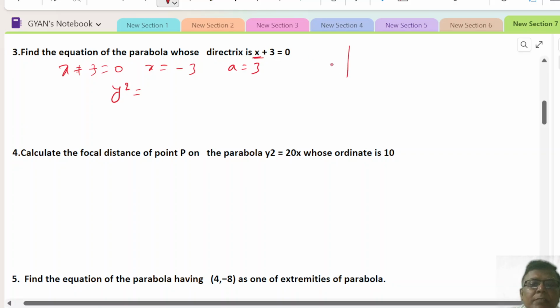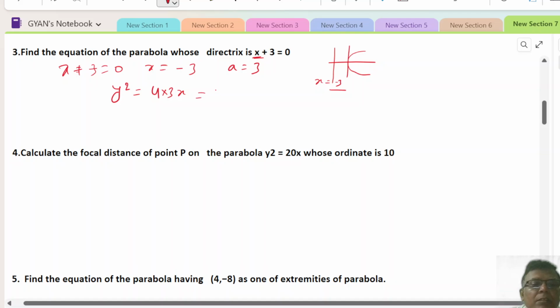Then equation is y square is equal to, and directrix is in x. So this will be which type? This will be this type, because this directrix is x is equal to minus 3. So equation will be y square is equal to 4 into 3 into x.